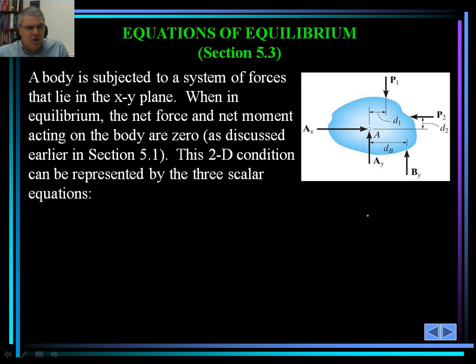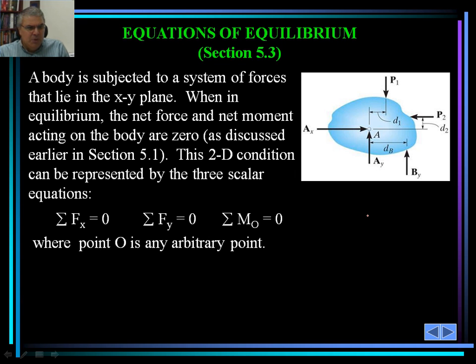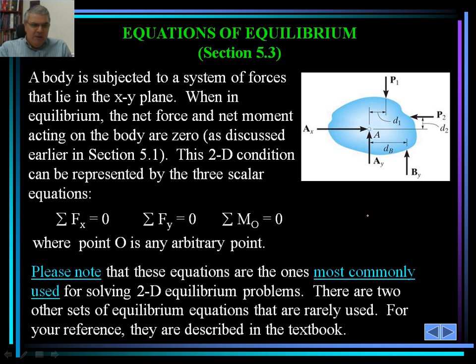We discussed this earlier. We represent it by three scalar equations: summation of forces in x is 0, summation of forces in the y direction is 0, and summation of moments about any point O is 0. Again, O is any arbitrary point that we can pick.